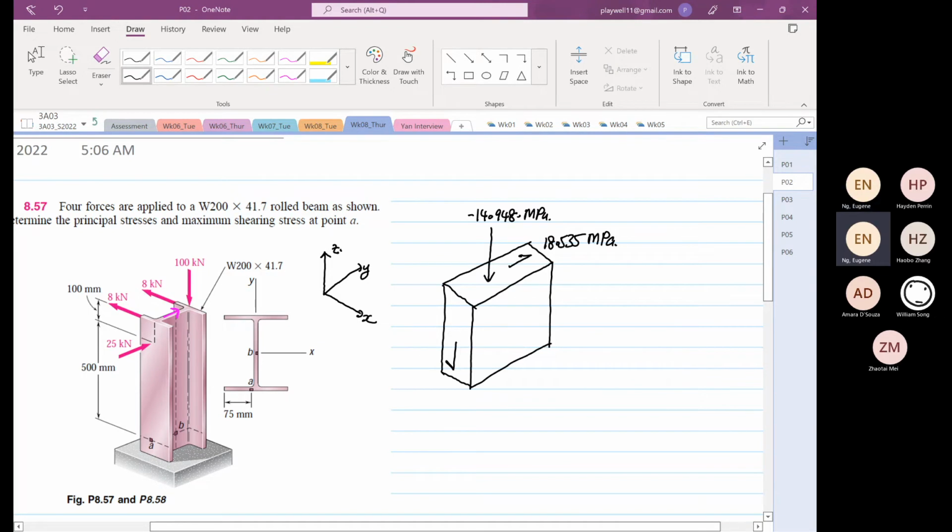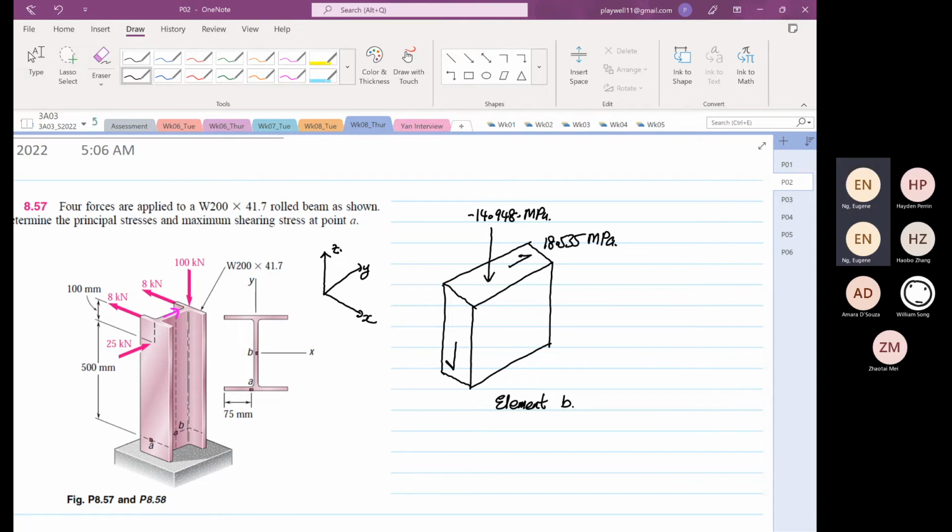So this is our element B and the associated stresses that are acting on element B.